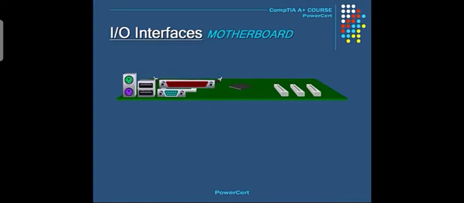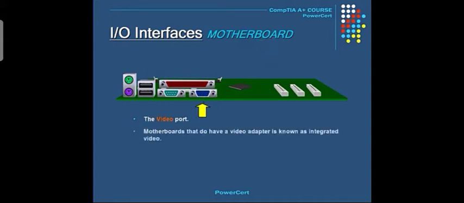A video adapter is another interface that could appear on the motherboard. Now I say it could appear because some motherboards have a video adapter and some don't. But the motherboards that do have a video adapter, then this is known as integrated video, because the video adapter and the motherboard are essentially one unit.